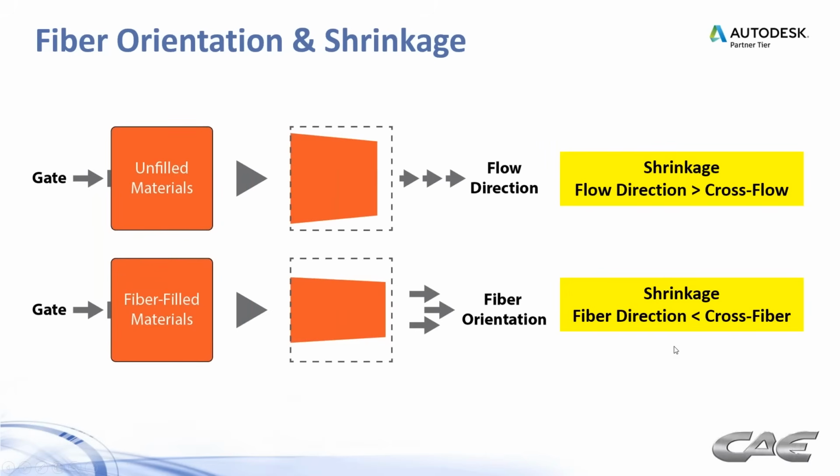Sometimes 10, 11, 12 to 1 difference in the shrinkage. So one of the things we try to do is get all those fibers going in the same direction to help mitigate those shrinkage variations.